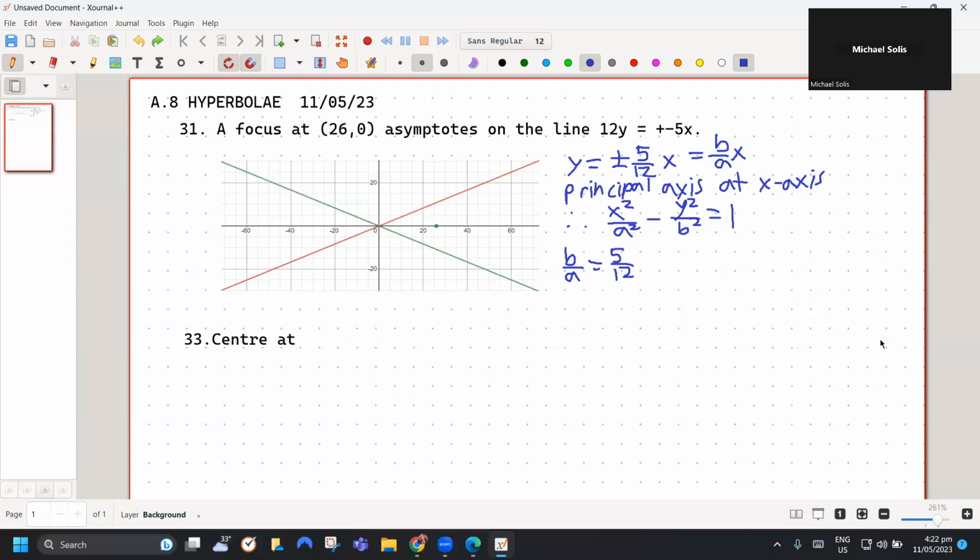So, okay, A square plus 12 over 5 over 12 square B square equals 26.